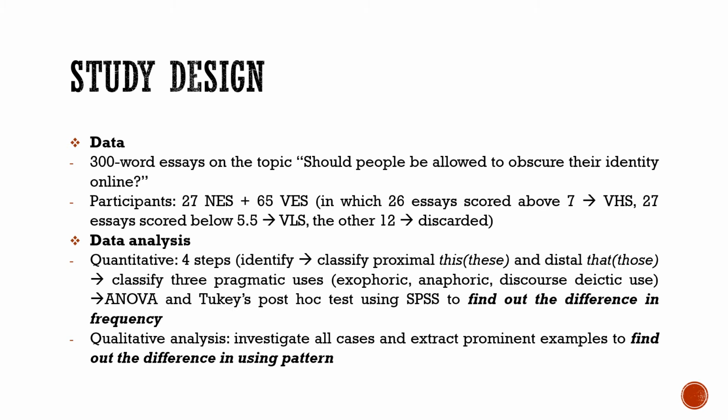I use SPSS, ANOVA test and Tukey post-hoc test to find out the difference in the frequency of demonstratives appearing in those data. After doing the quantitative analysis, I will start with the qualitative analysis. I investigate all cases and extract prominent examples to find out the differences in the using pattern of these three groups.